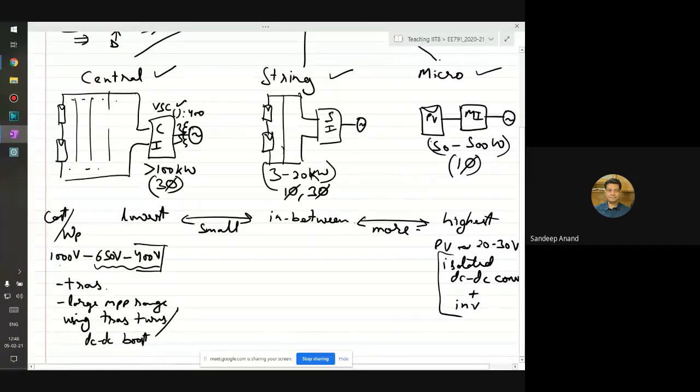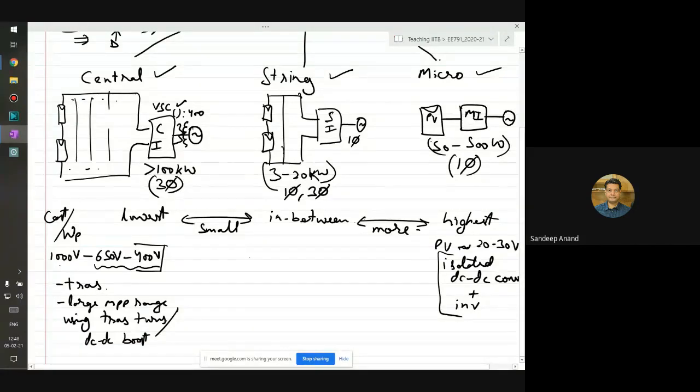Coming to string inverters, now you are somewhere in between. You can make a string of panels and get a reasonably higher voltage. Let's say it's a single phase system and your grid voltage is 230 volt, then your DC voltage can be anything greater than or equal to, let's say, 350 volt.